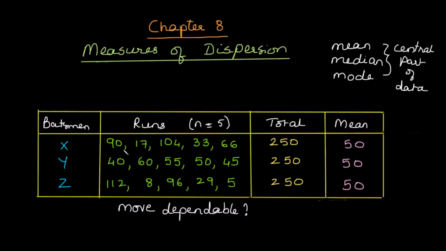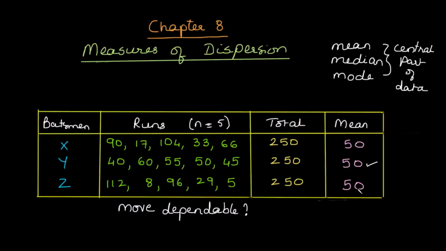If you look at who is scoring runs closer to the mean value, you would say that Y is scoring runs as close to the mean value as possible. Whereas X is scoring runs a little different from the mean value.